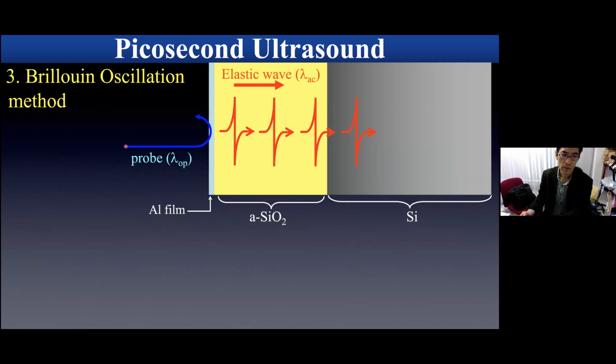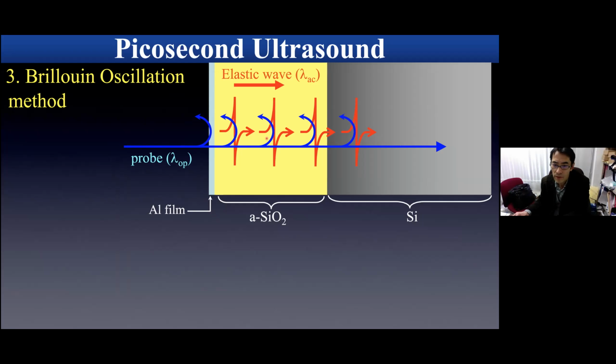Then we use the probe light pulse to detect the sound wave. It will reflect at the surface, but it can penetrate into the specimen because the aluminum film is very thin.